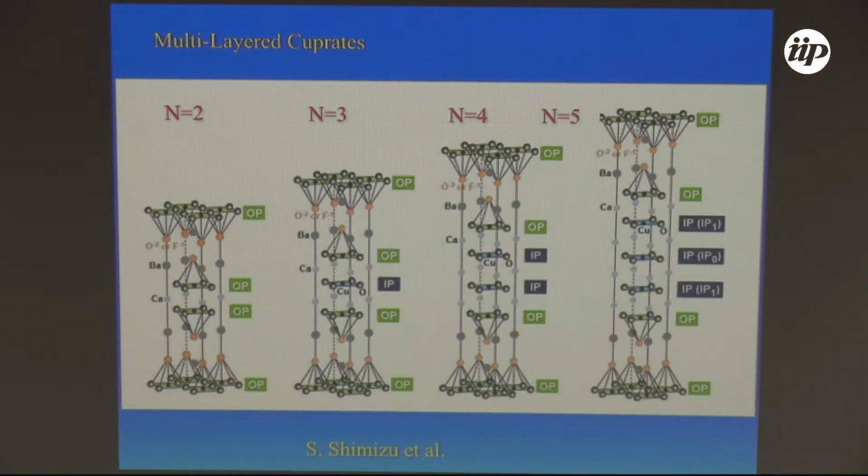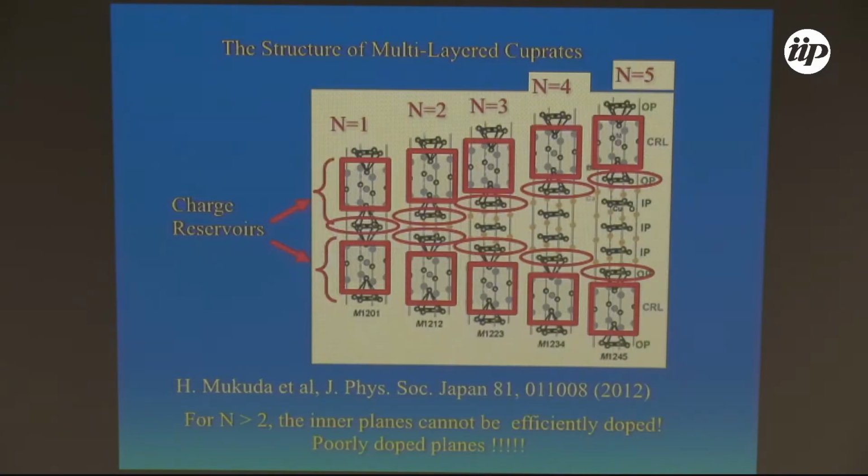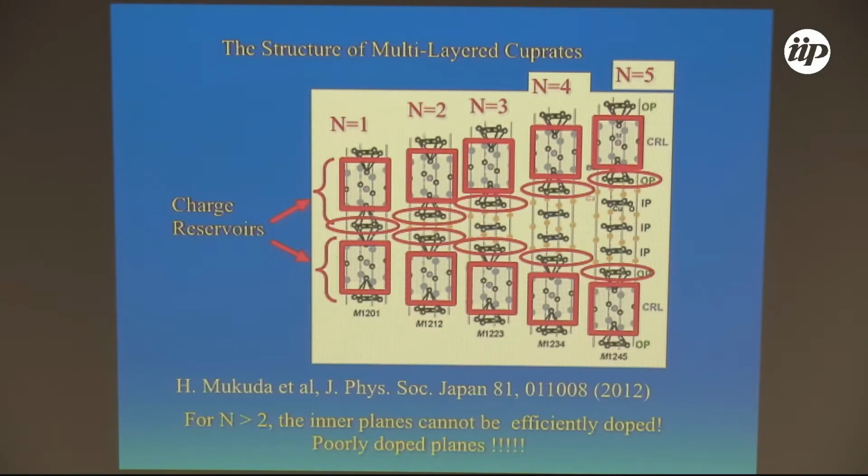Because if you look at the structure of these layers, this is mercury with n equals 2, 3, and 4. So these are the 2 layers, 3 layers, 4 layers, 5 layers. Now, what happens is that the charge reservoirs that we create by doping remain just these 2 charge reservoirs. For one plane, this plane is adjacent to the charge reservoir, so it is easily doped.